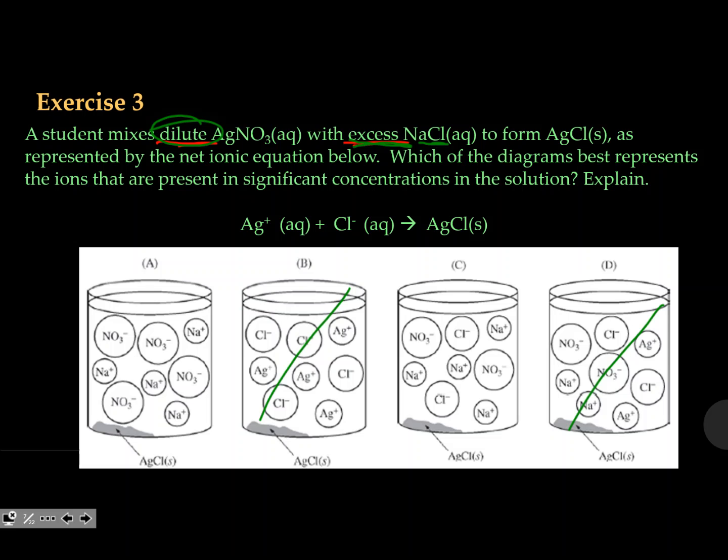So your correct answer here should be C. And if you notice too the way they represented the sodium and the nitrate, since the nitrate was dilute, there's only a couple of those. And since the sodium was in excess, they have 4, which is double that. So they put more sodiums in there than they did the nitrates. That also kind of helps you out a little bit.